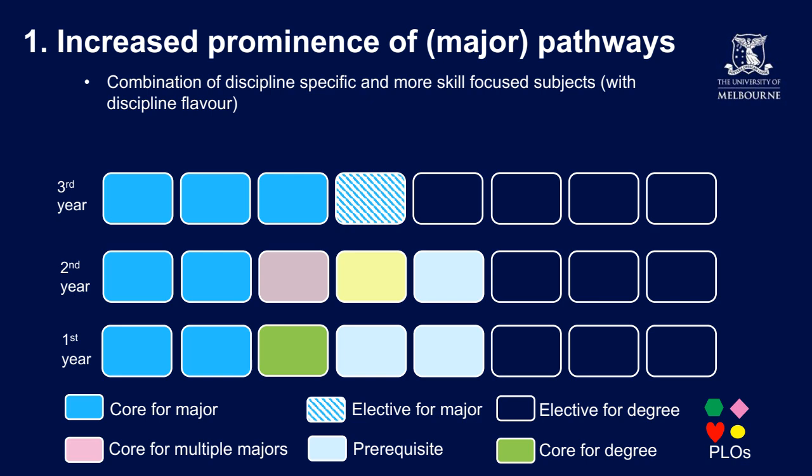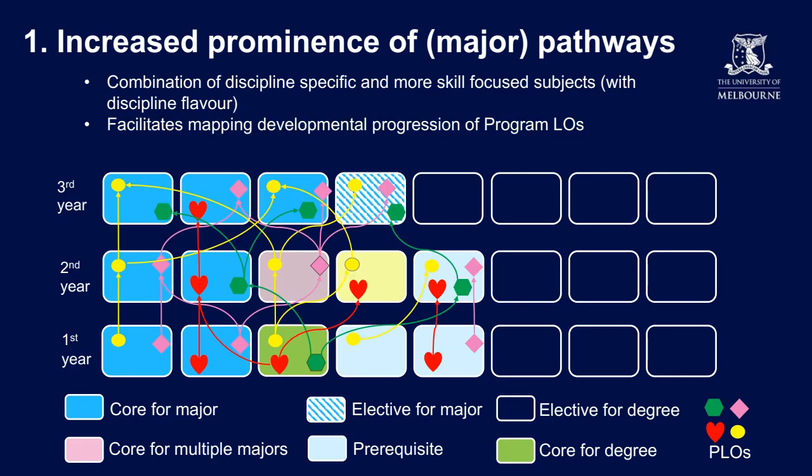Another possible option where you do have sets of core subjects is synoptic assessment, which combines assessment across multiple units. This type of mapping or combination of core subunits actually provides the opportunity for more robustly mapping the developmental progression of program learning outcomes while still providing students flexibility for choosing their major until mid-degree.